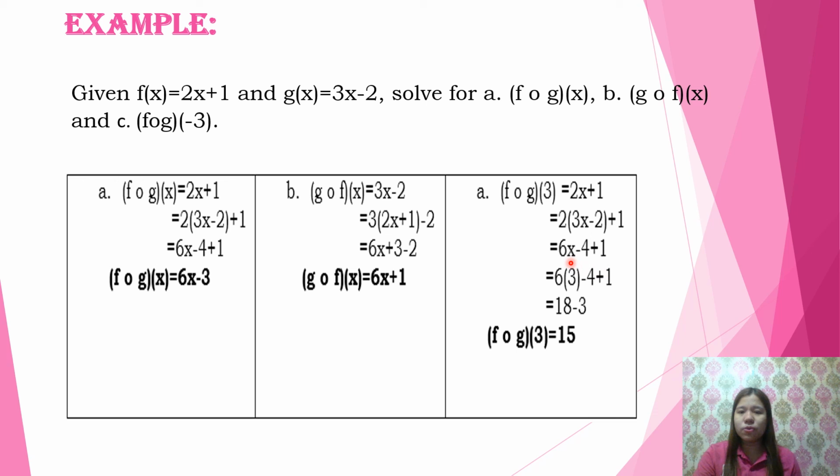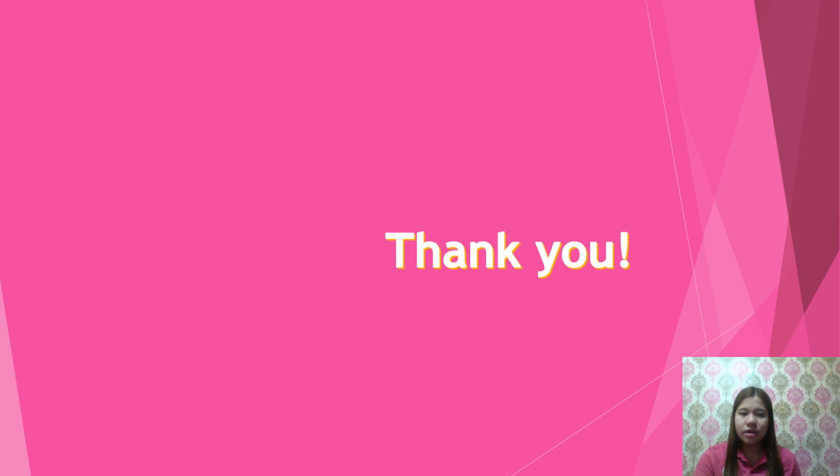So, ito na yung equation natin. Pwede rin naman gamitin n'yo 'to para diretso na, ganun din naman yung sagot. Yung x dito, papalitan natin ng 3. So, 6 times 3 is 18, and then negative 4 plus 1 is negative 3. So, 18 minus 3 is positive 15. Okay, thank you, class.